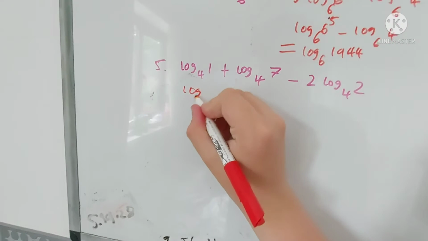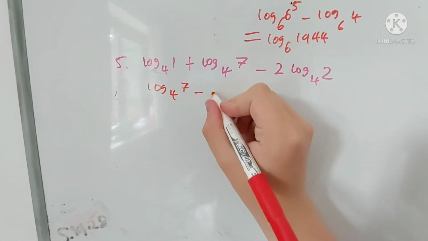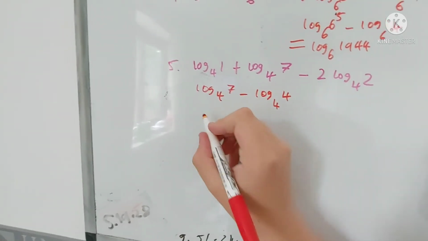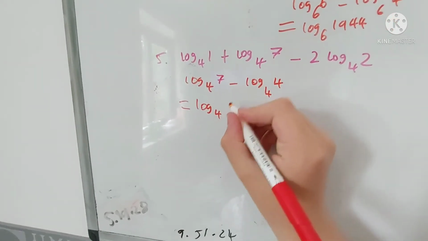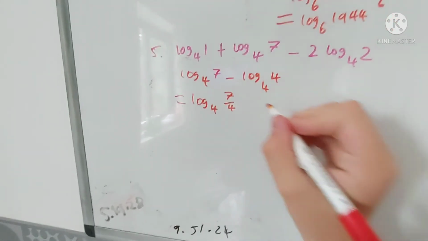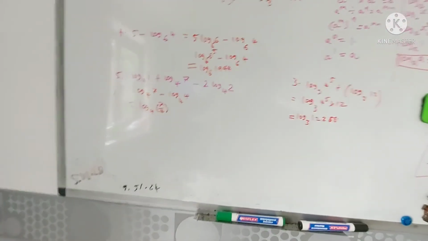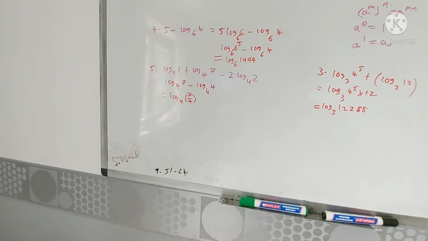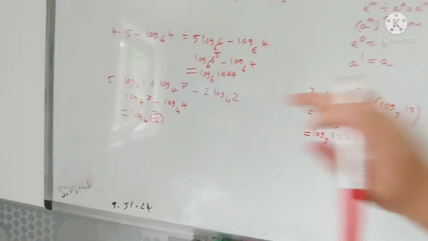So I've got log base 4, multiply, so I get 7 minus log, okay, I can bring that up, so I get 4 of 4, and I get log base 4 of 7 quarters. Okay? Now, that's correct, that is the right answer to this problem, but is that a way a grade A star student would tackle this question?